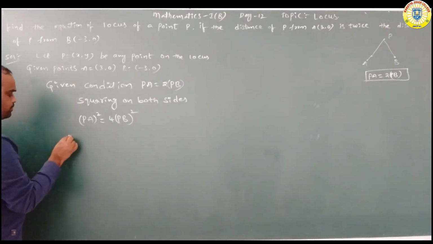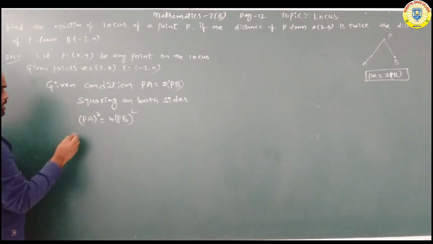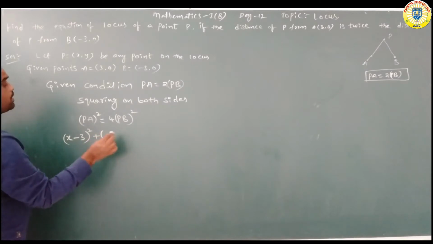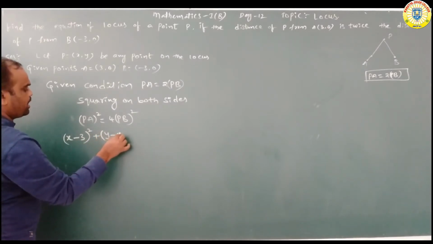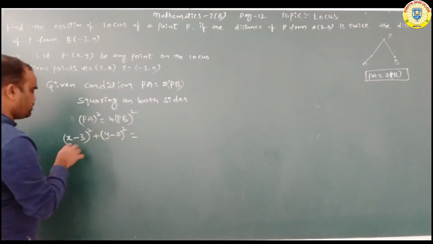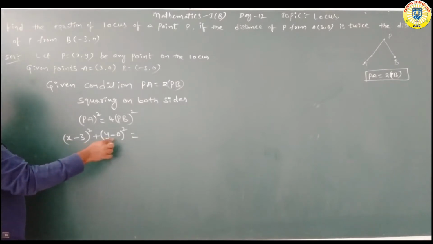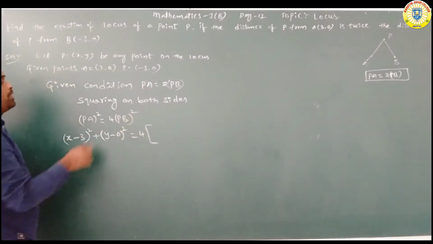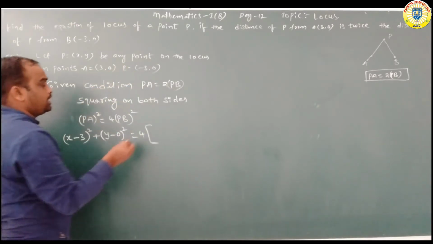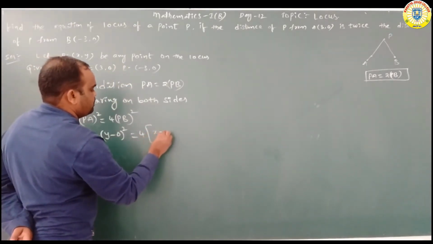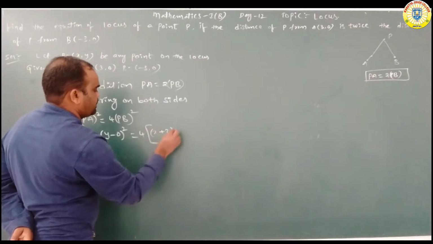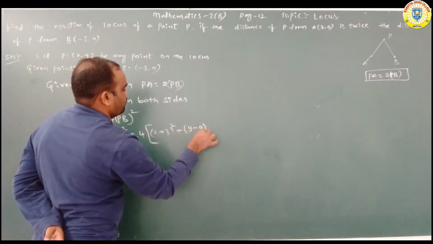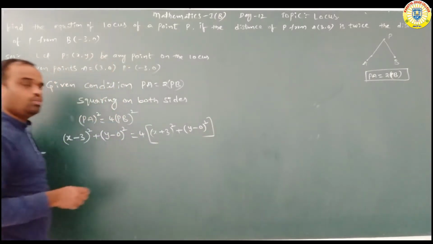Then for A equal to (3, 0): (x minus 3) whole square plus (y minus 0) whole square, equal to 4 into PB. B is equal to (minus 3, 0): x minus of minus 3, that is (x plus 3) whole square plus (y minus 0) whole square.